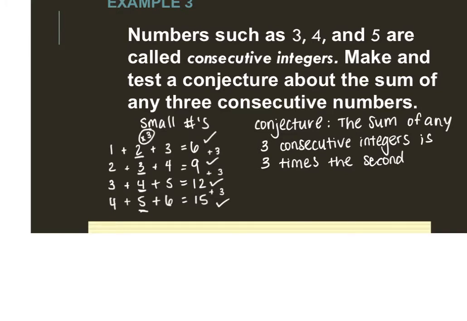You could have written or the middle number. The sum of any three consecutive integers is 3 times the second number.